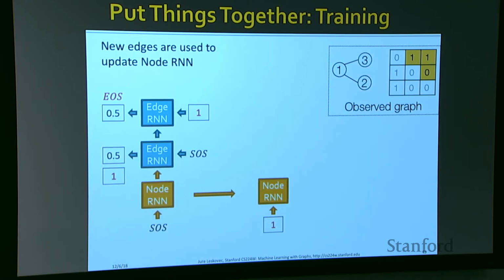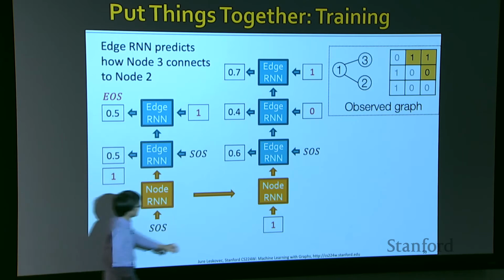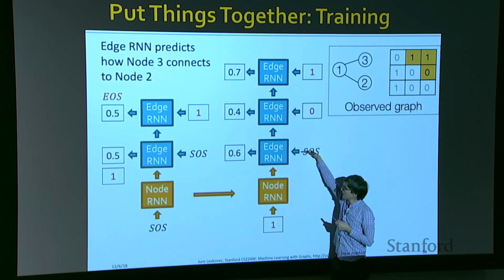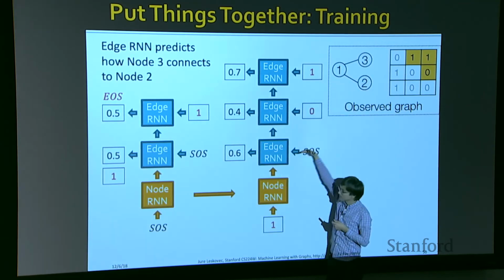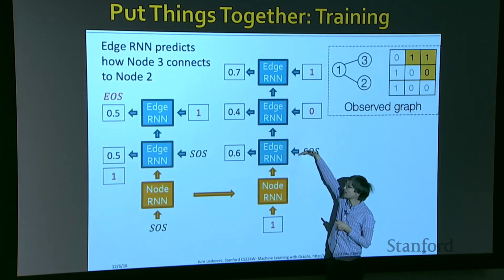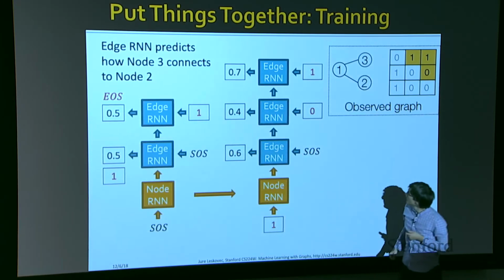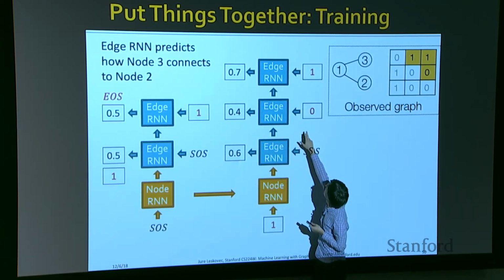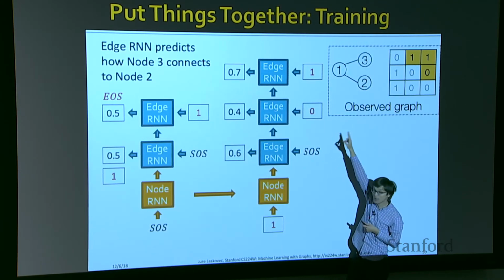So now we will add edges for node number 3. Here we generated node number 3. We take the edge level RNN, initialize it with the hidden state from the node level RNN, kick it with a start of sequence, and now this will generate a sequence of probabilities. But rather than flipping coins and putting the state up there, we will actually be using real edges.